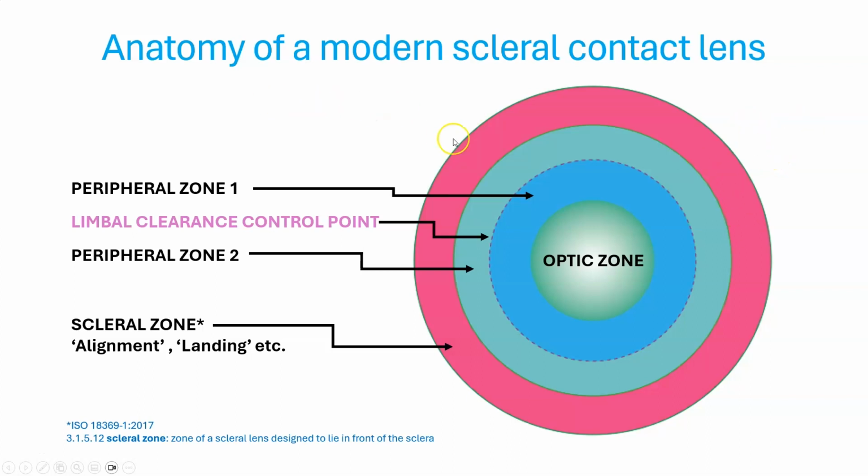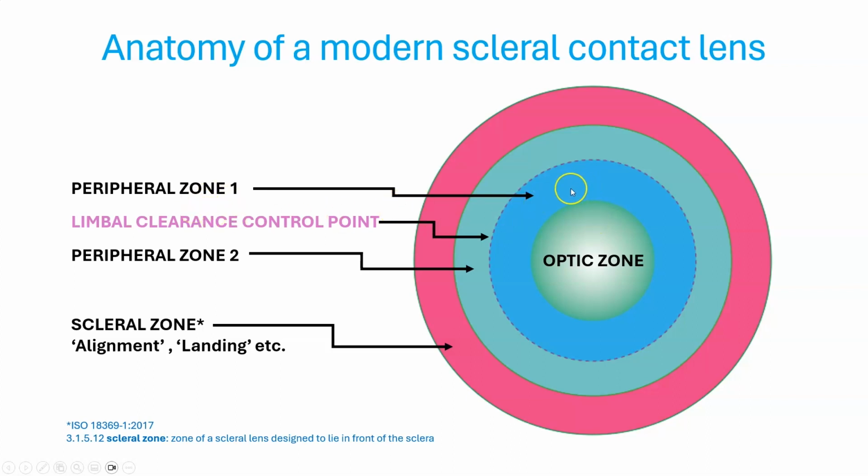If we look at the lens from the back, looking into the lens, we have the optic zone located centrally. And of course, sometimes the optic zone may be displaced depending on the clinical requirements of the particular patient. In this case, and greatly preferentially, I have surrounded this by two peripheral zones.